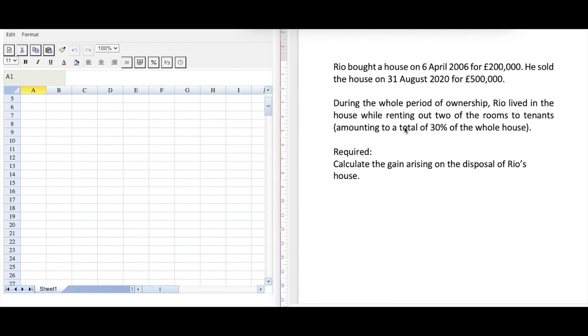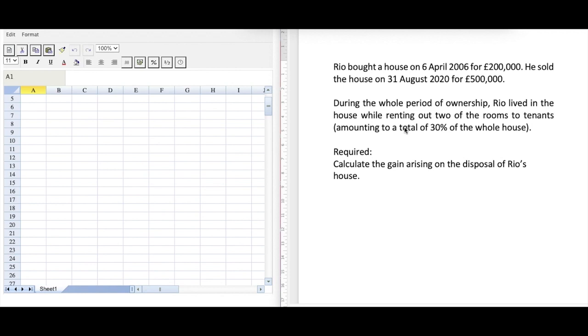You've got a private residence relief rule where if you own a property and you live in it the whole time that you own it, and then you sell the property and make a gain on it, that gain will be exempt under the private residence relief rules.